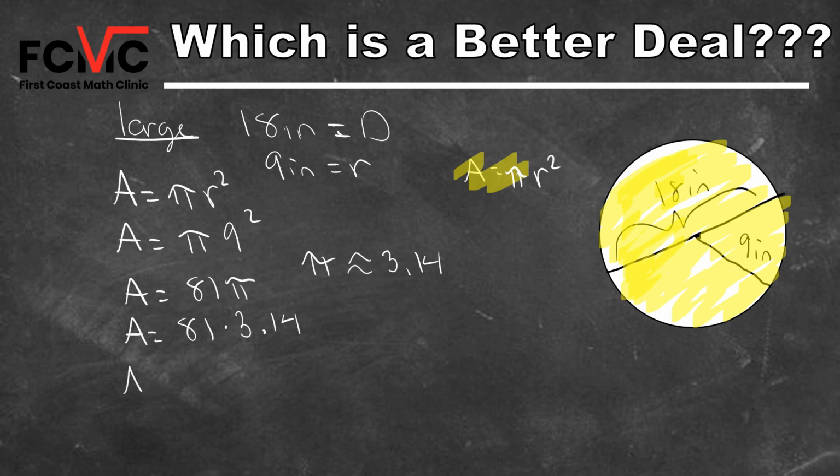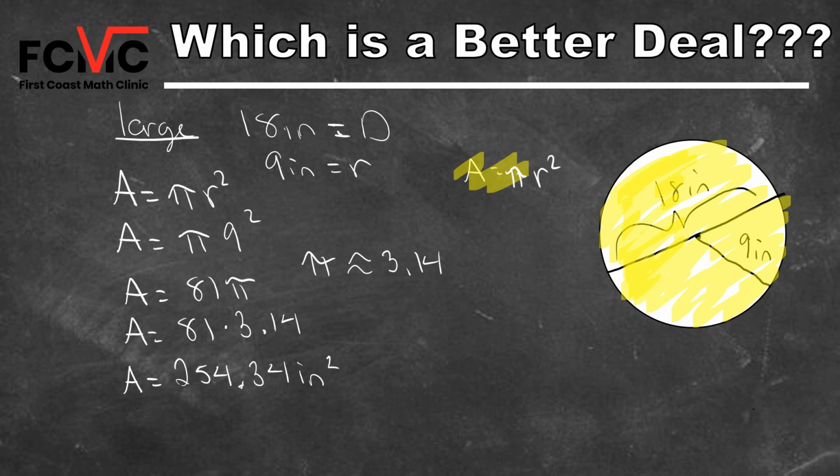And when we multiply that out, we're going to get an area of 254.34 inches squared. All right, so our units are always going to be squared since we're finding area. So our pizza area for our large is 254.34 inches squared for our large pizza.